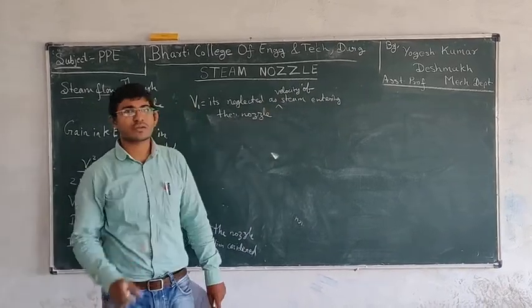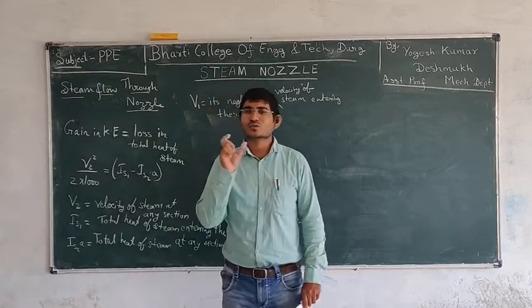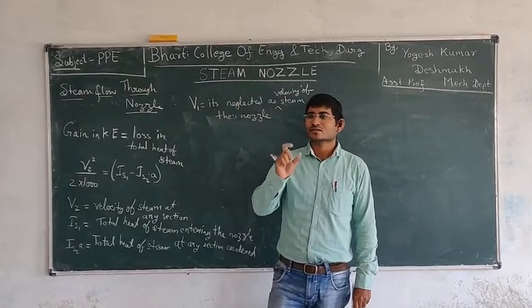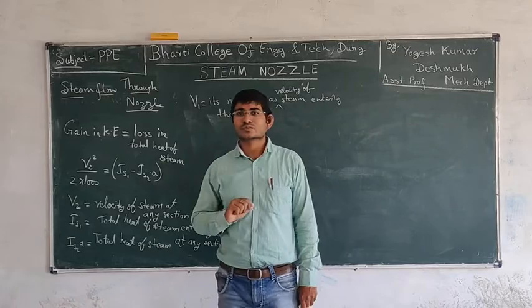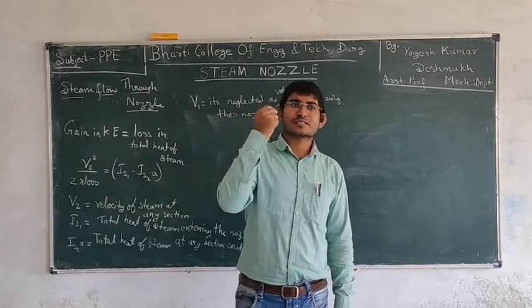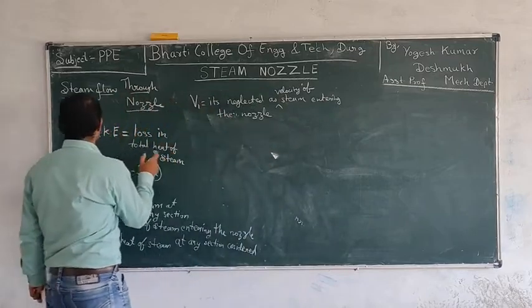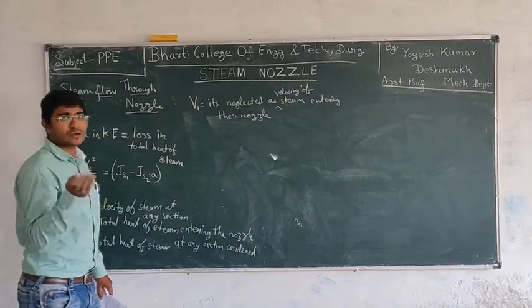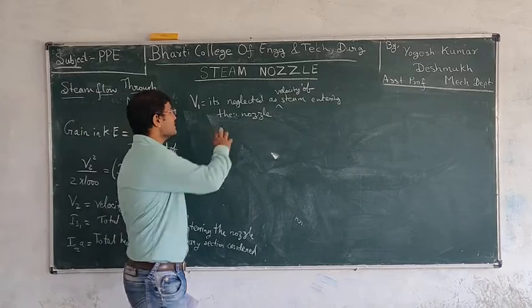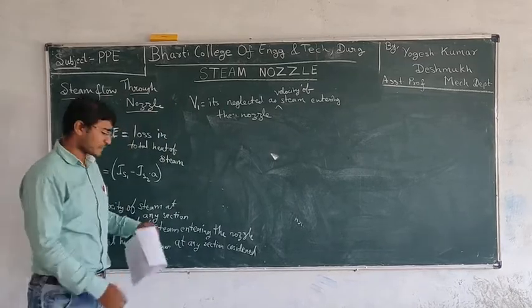Why is it neglected? Because we are calculating the nozzle efficiency and the nozzle work for steam flow through the nozzle. So we have to take the velocity of steam inside the nozzle, not before that. That's why V1 is neglected.